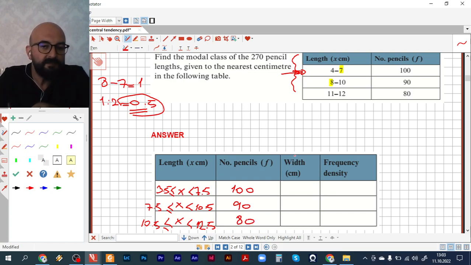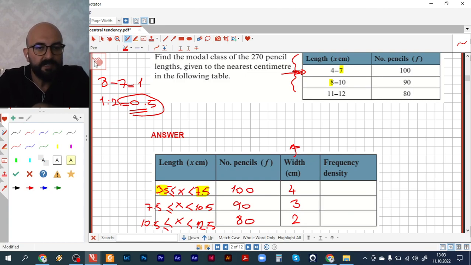And please remember that our column widths are 7.5 minus 3.5, so it equals 4, and 10.5 minus 7.5, our width is 3, and 12.5 minus 10.5 is 2.